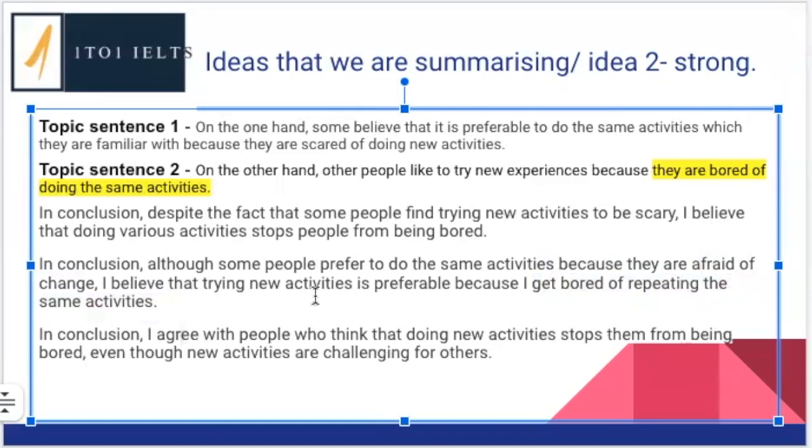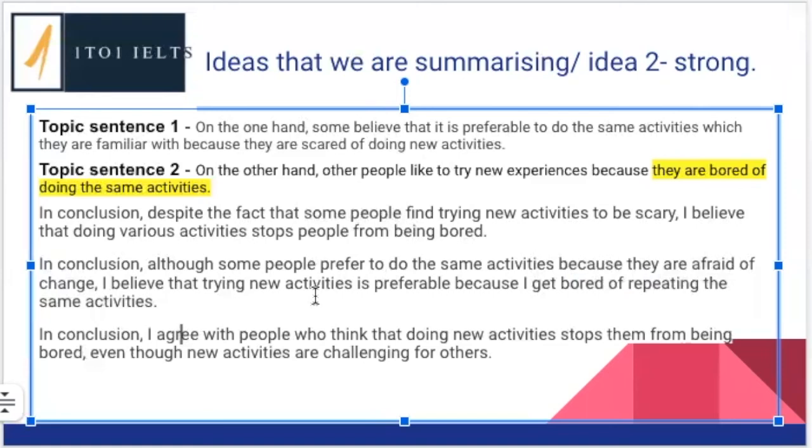So Mary said, what is the difference between a band 8 and a band 7? This is an interesting question. Someone asked me the other day, what is a band 8 topic sentence? There is no such thing as a band 8 topic sentence. There is no such thing as a band 8 conclusion.